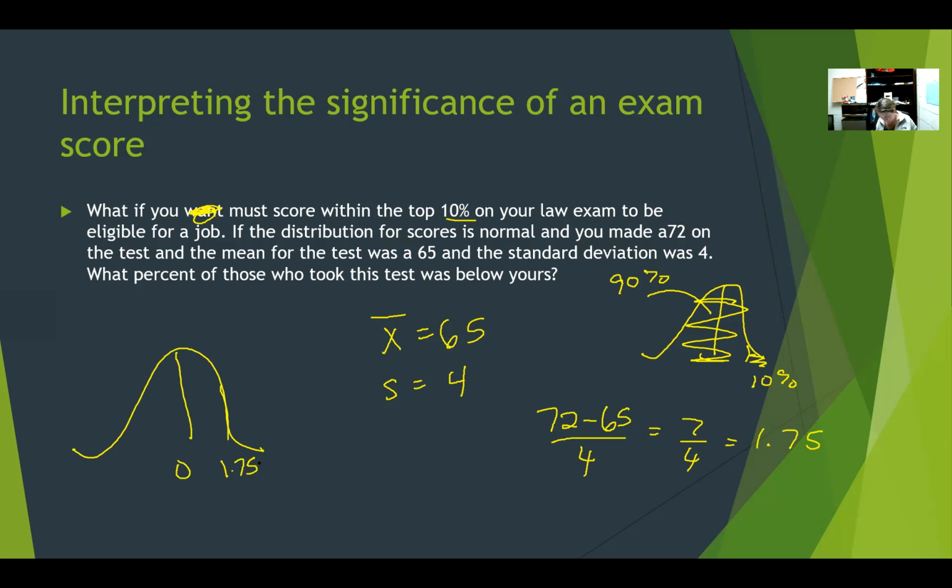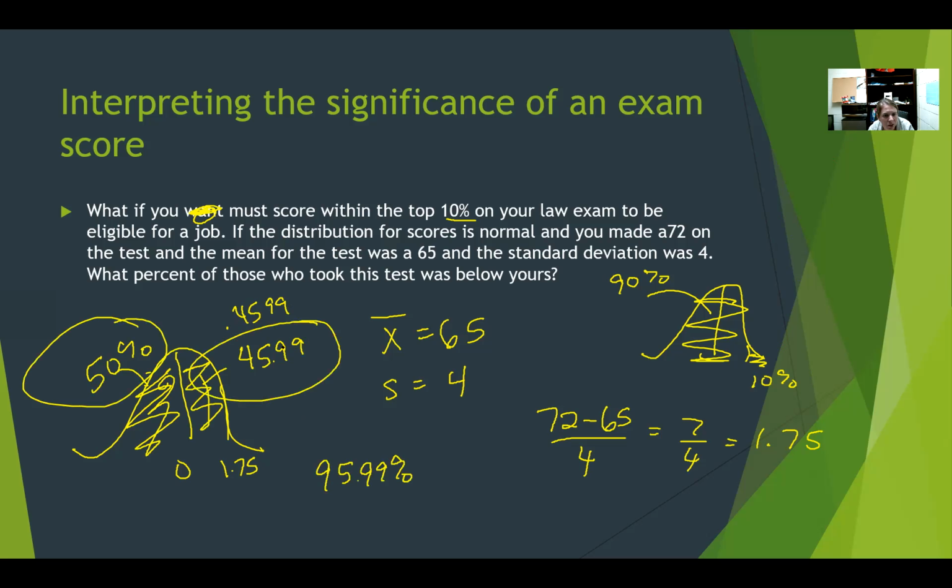And when we do that, we get 0.4599, which is 45.99%. Remember, this represents 45.99 and this represents 50%. So we want to know if you are in the top 10%. Well, you fall here, and this percentage would be 95.99% because we add these two percentages, okay?